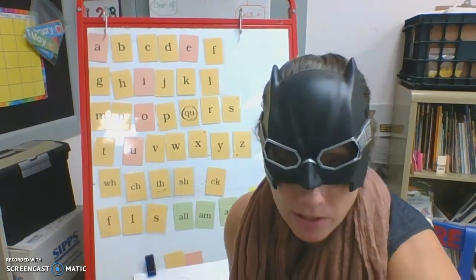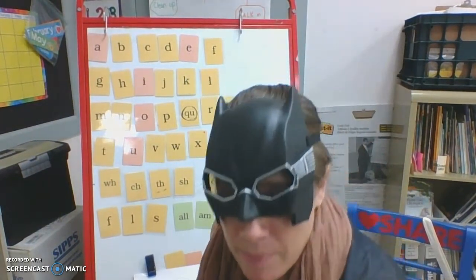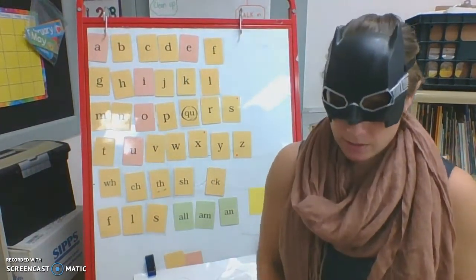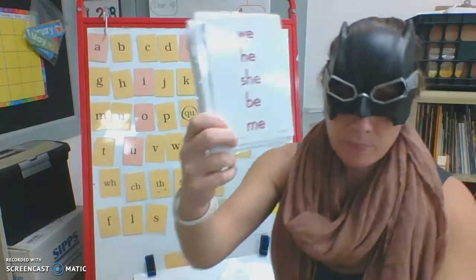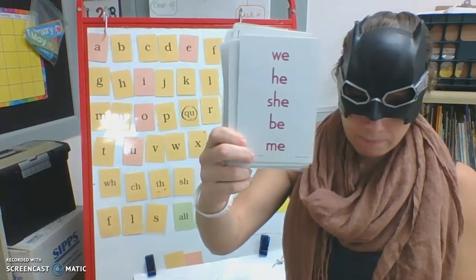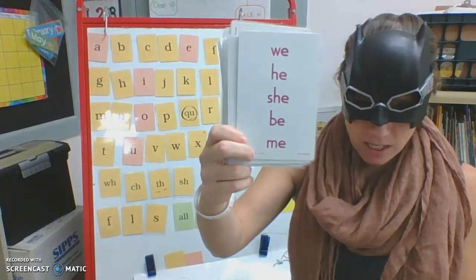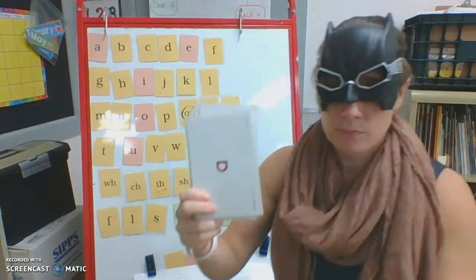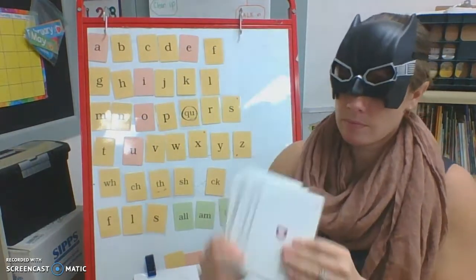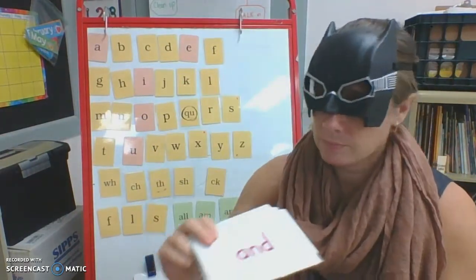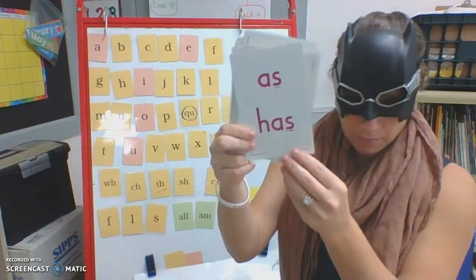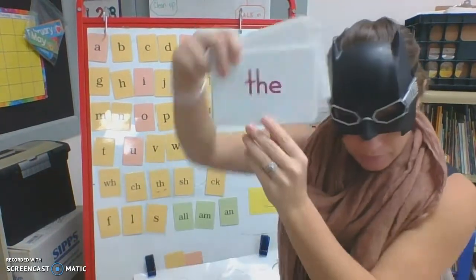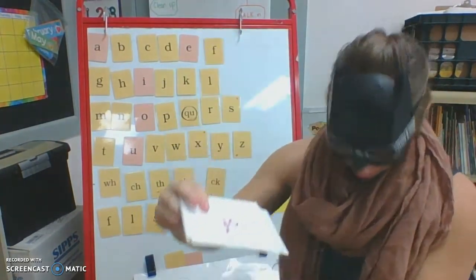And the last part of our warm-up today is, can you beat Batman in saying the trick words? Here we go. Or, for. We, he, she, be, me. And. As, has. The.